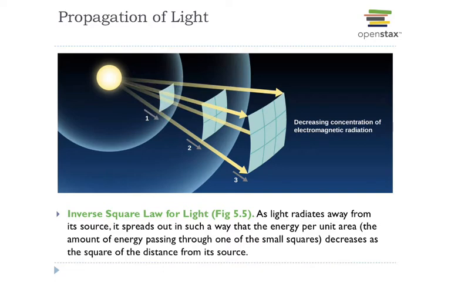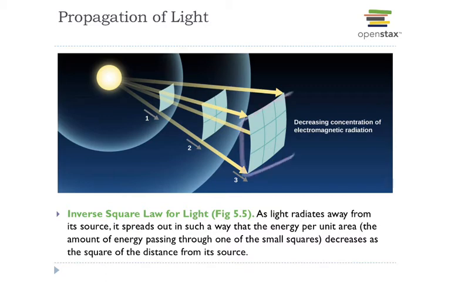Well, if it keeps traveling, say it goes out 2 AUs, now the area that's created there is going to be wider. So that same amount of light is now spread out. So the further that you are, the more spread out that light is across that area. So when we detect this intensity, this energy of the photons, we have to calculate for that, right?